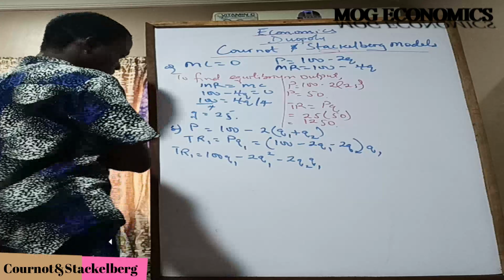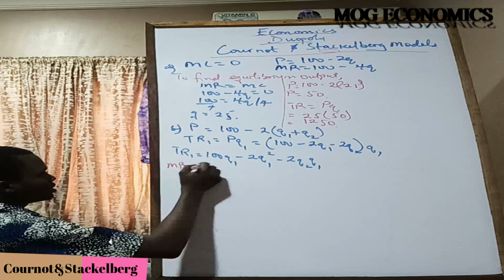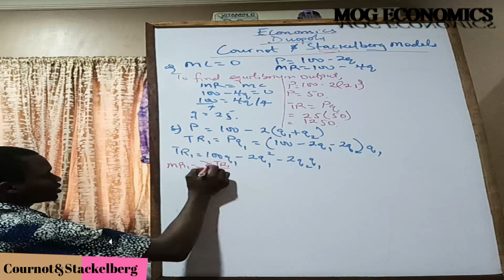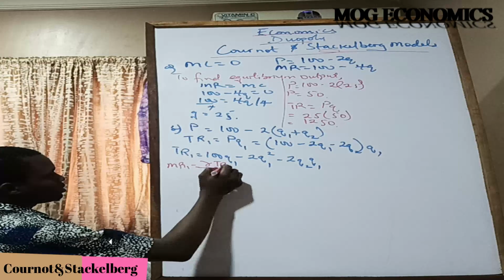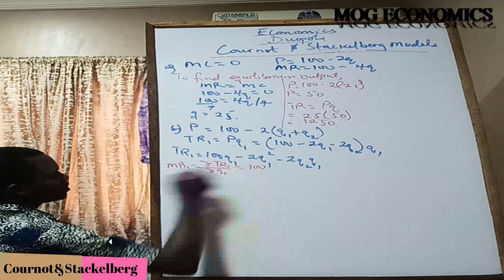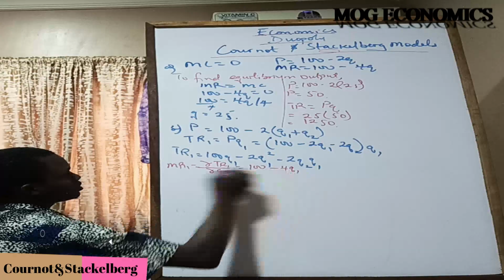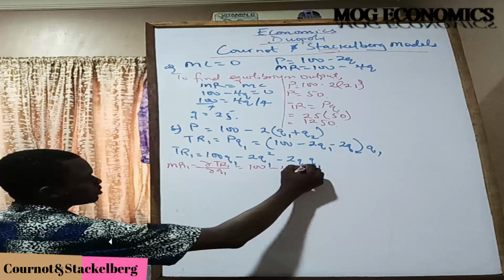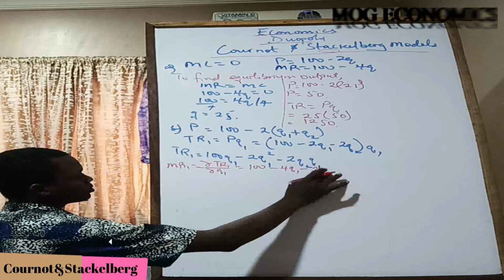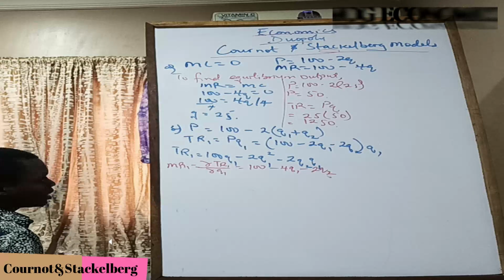So where's my marginal revenue for 1? MR1 is the partial differentiation of TR with respect to Q1, which gives 100 minus 4Q1 minus 2Q2. Okay, so this is my MR1.